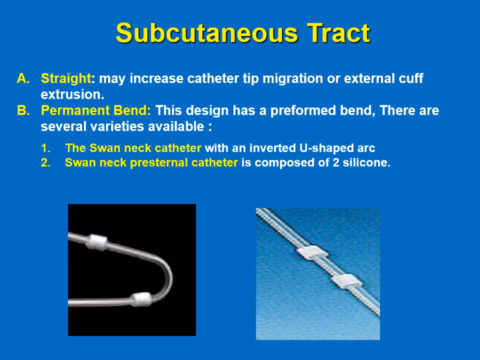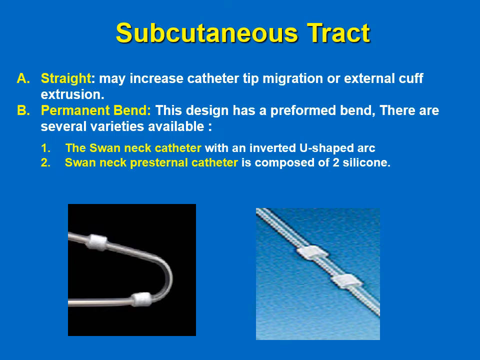Now we will go into some details of the catheter composition and the shape of the current catheters. As we know, we have the subcutaneous tract, the tract that is under the skin, where we have either a straight subcutaneous tract or a bent subcutaneous tract, which is usually permanent.